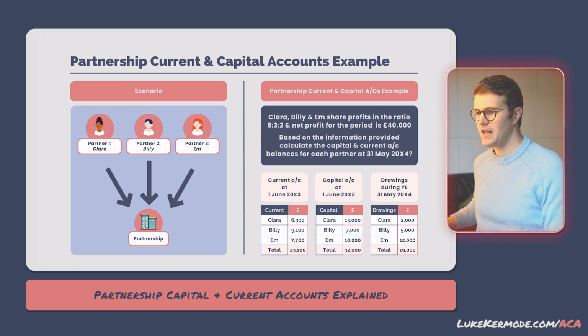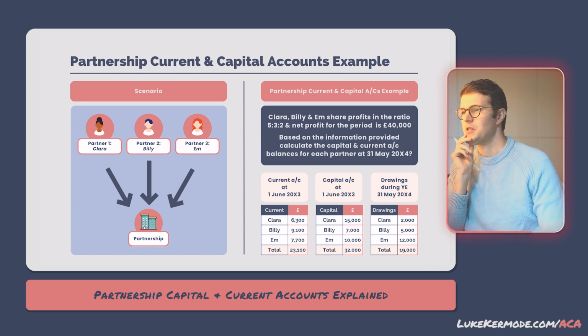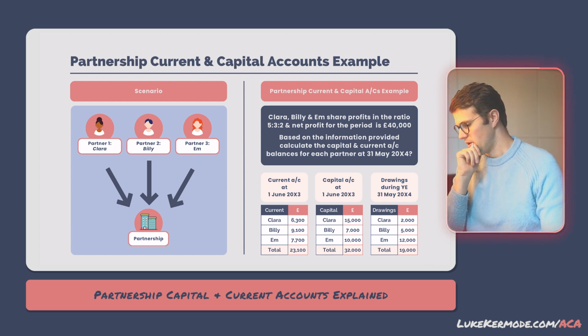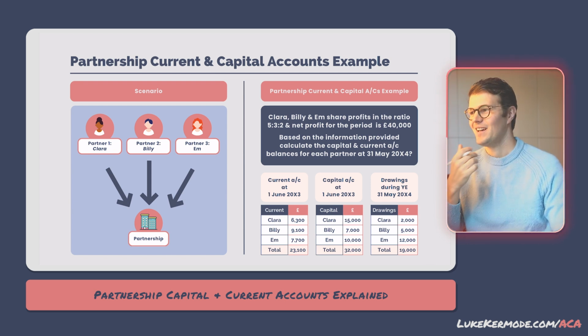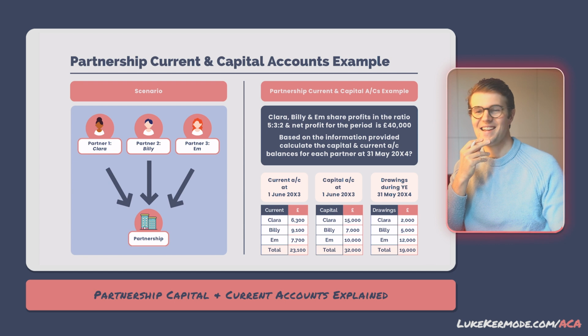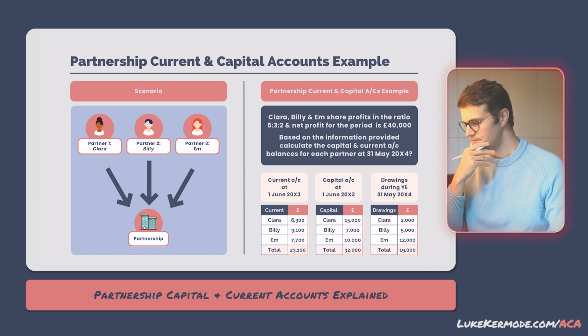Cool, that's enough theory. Let's look at an example which asks us to calculate the current and capital account balances for the partners in a partnership. So we have Clara, Billy and Em, they're in partnership together and share its profits in the ratio 5:3:2. We're given the following data to help calculate their year-end capital and current account balances as at the 31st of May 20x4.